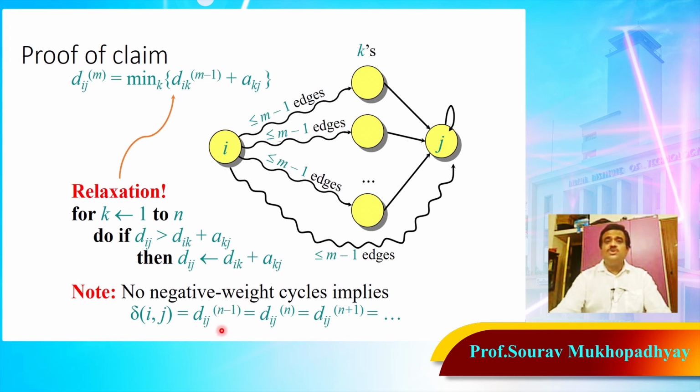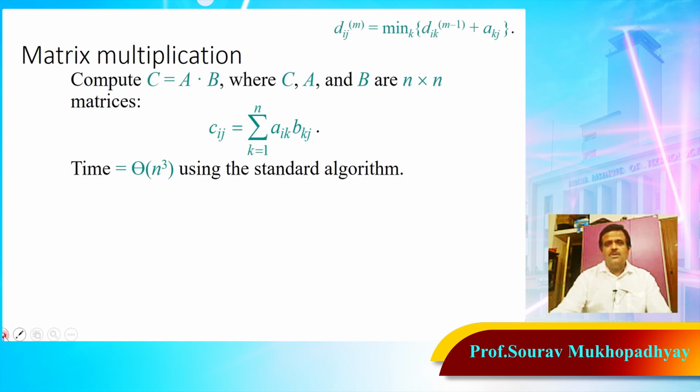There will be at most n minus 1 edges in the middle. This is the convergence of that. So, delta of ij will be Dij n minus 1. Now we consider this Dij in matrix form, and we will see how this will be related to delta, I mean this matrix.